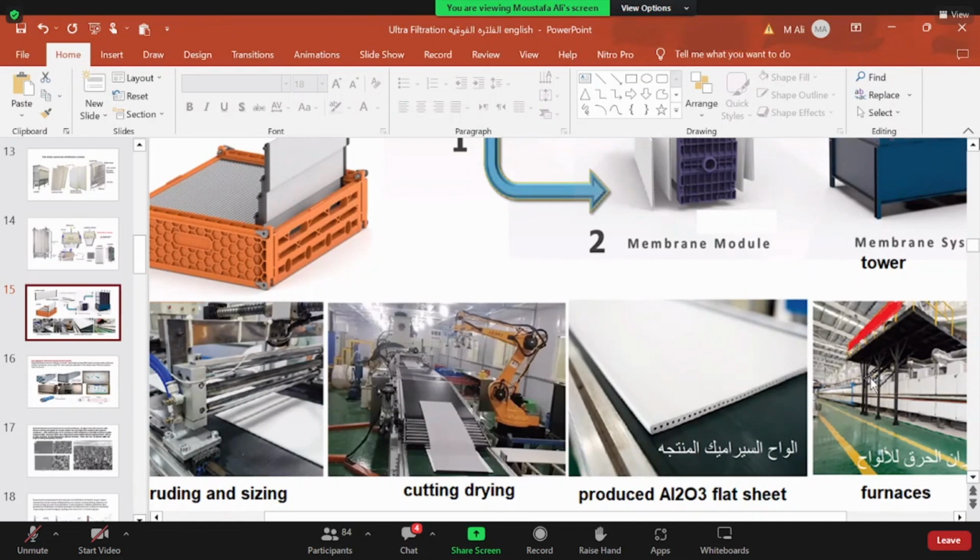The highest of all ceramic types, and the most complicated production process we can find, is in silicon carbide production.